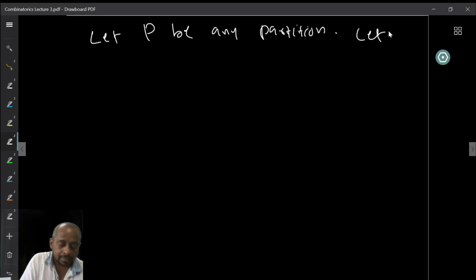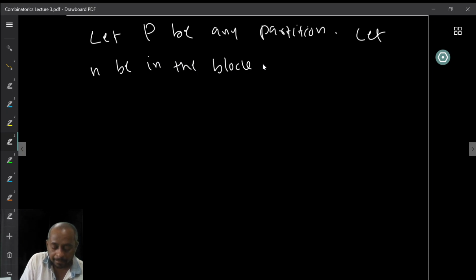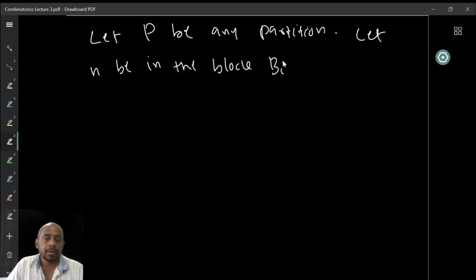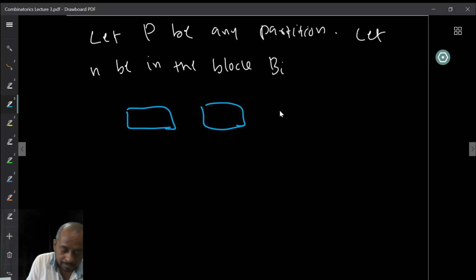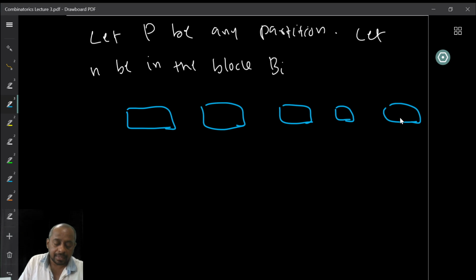Let n be in the block, let us say b_i. Now we have this partition of the set into k blocks. Let us say that we have these blocks, and then we have the elements of the set, and in one of the blocks there is this element n.